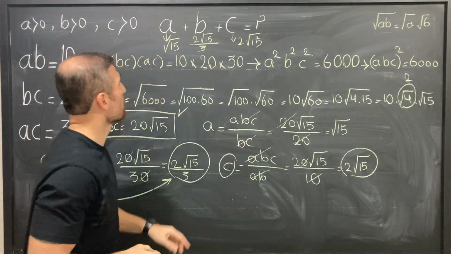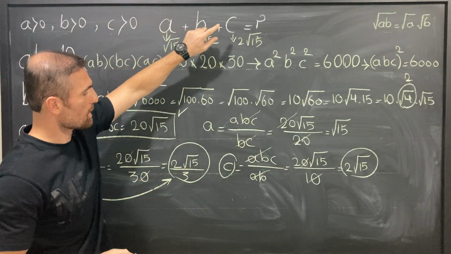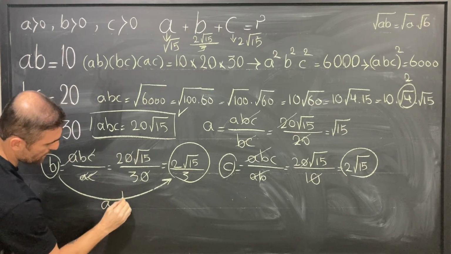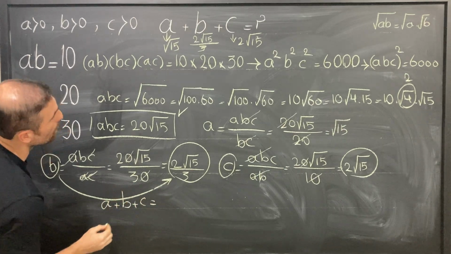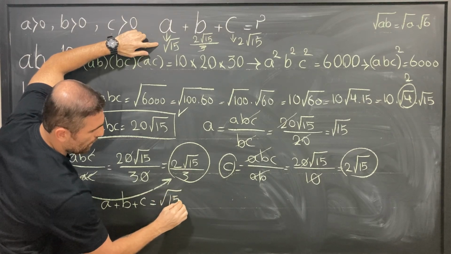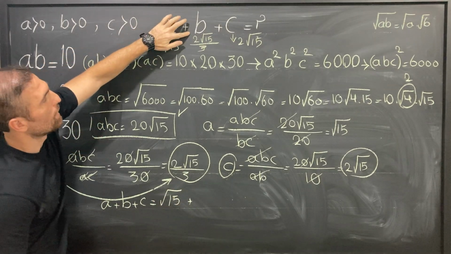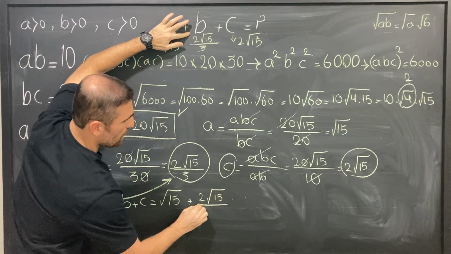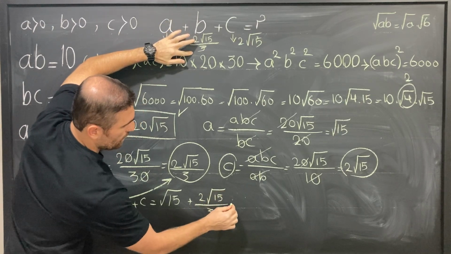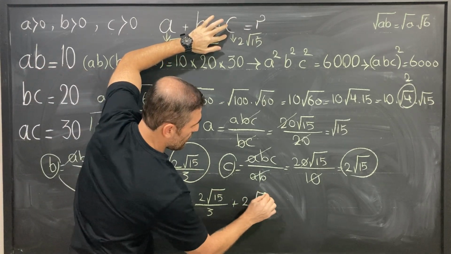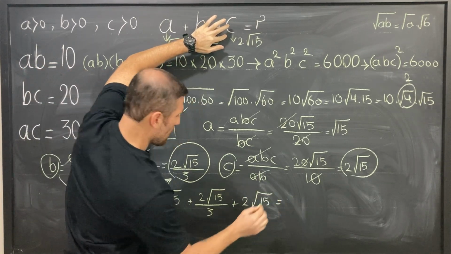Now we are going to find the value of a plus b plus c. Let's do it. a plus b plus c is going to be the value of a, square root of 15, plus the value of b, 2 square root of 15 over 3, plus the value of c, 2 square root of 15.